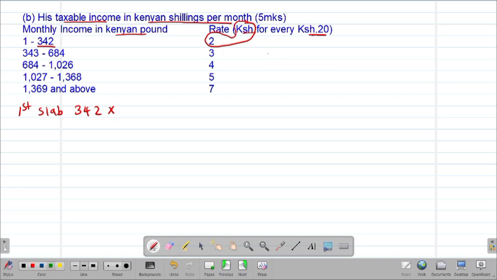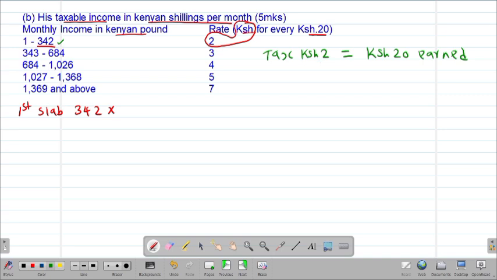So the person is paying a tax of 2 Kenya shillings for every 20 Kenya shillings that is being earned. So we'll ask ourselves, what about the 342 that is being earned?